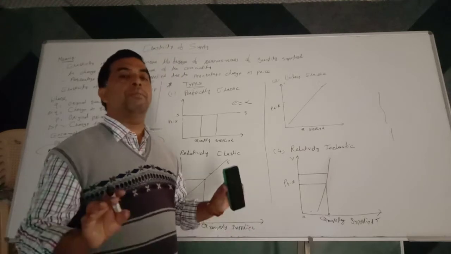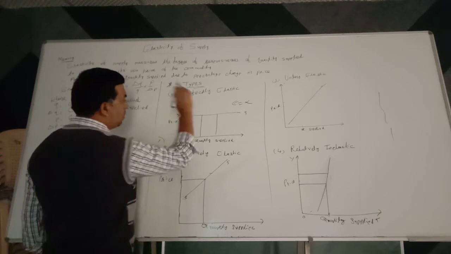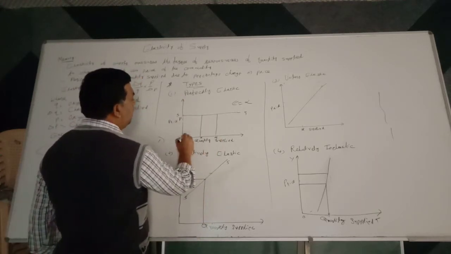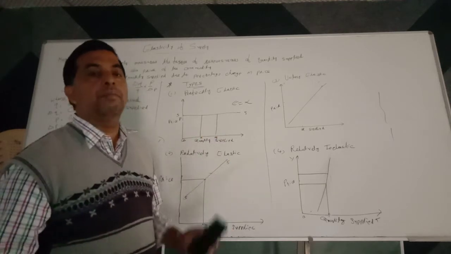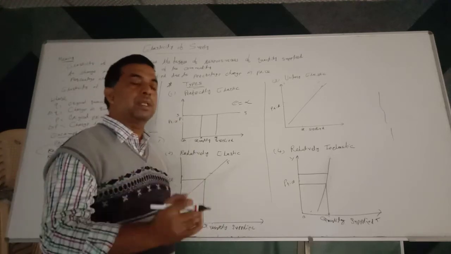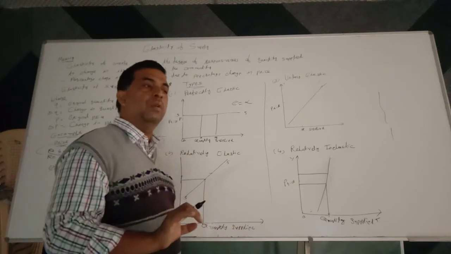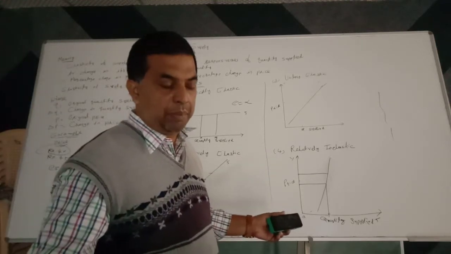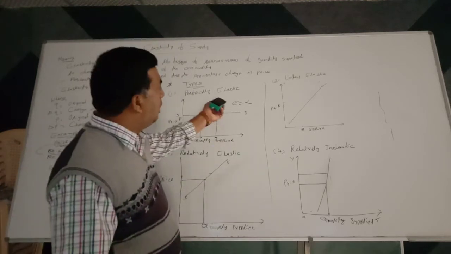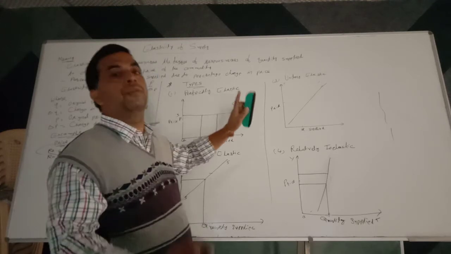Suppose price OP is constant, and this is the SS curve. Even though supply of the commodity increases from OA to OB at constant price, that is known as perfectly elastic supply. Or when a small change in price leads to a very huge change in supply, that is also perfectly elastic supply. Obviously, here the value of elasticity is infinite.